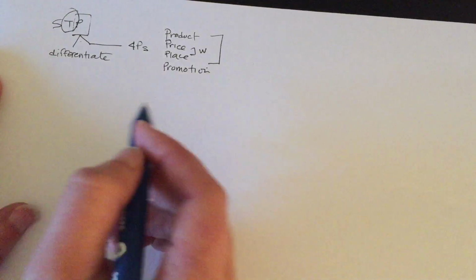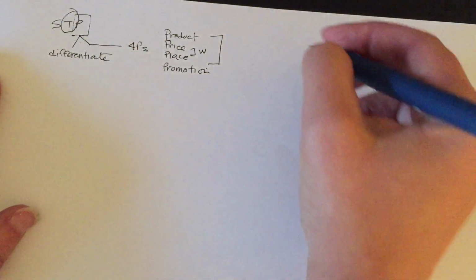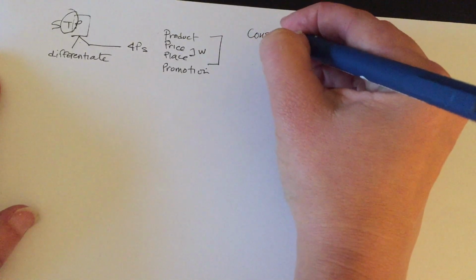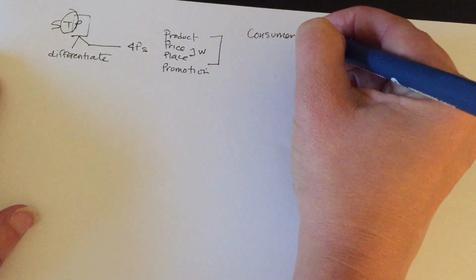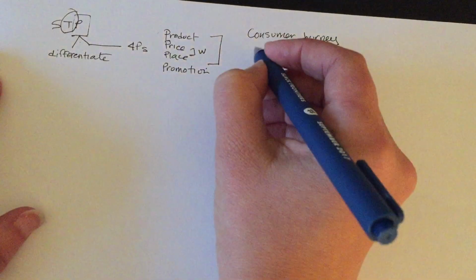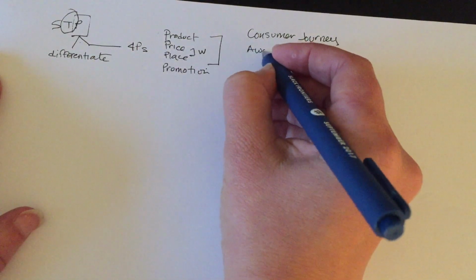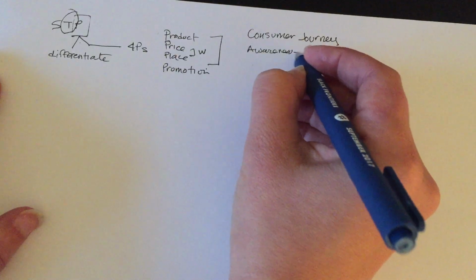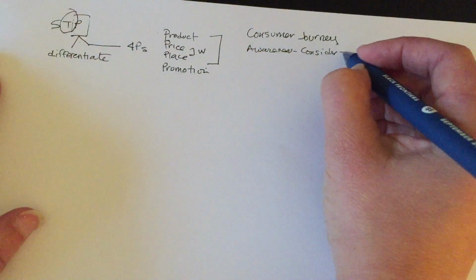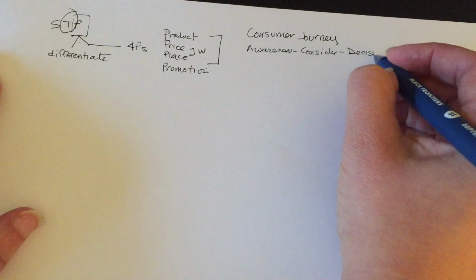Now, when we talk about the consumer decision journey, I'm just going to shortcut it here and call it the consumer journey. What we're talking about is that idea of how people move from awareness to consideration to decision, retention, and loyalty.